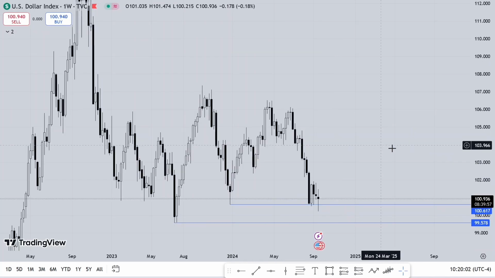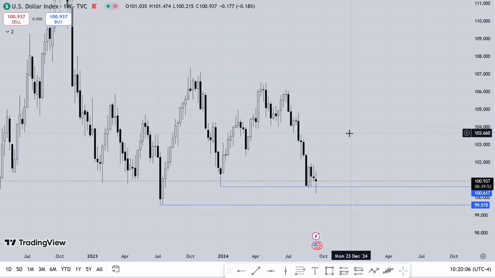So on the dollar, going into this week's trading, we're expecting the weekly candle to drop lower, seeking sell side liquidity, and also specifically at the 100 round figure, which is about here.